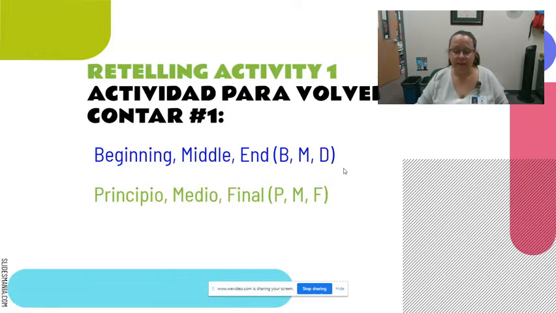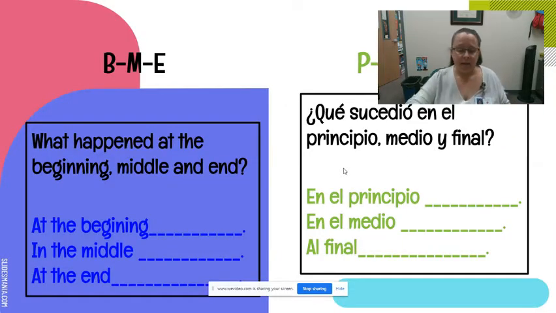Our first activity is what we are calling beginning, middle, and end. In this activity, you are going to take some Post-it notes, and you're going to want to have the words beginning, middle, and end written on them.